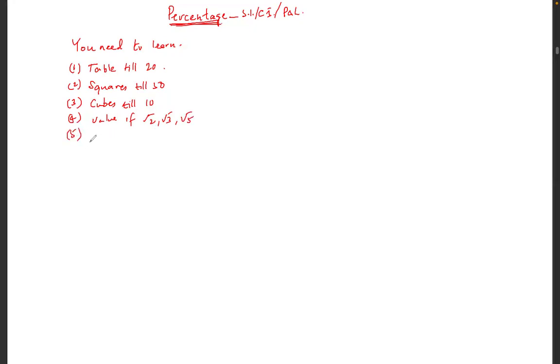Fifth one is percentage equivalence of fractions, 1 by 2 till 1 by 20.